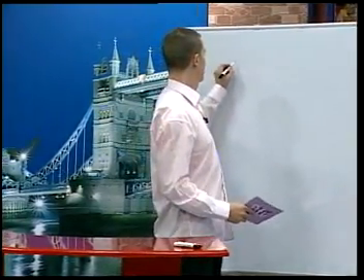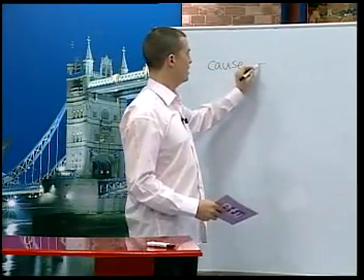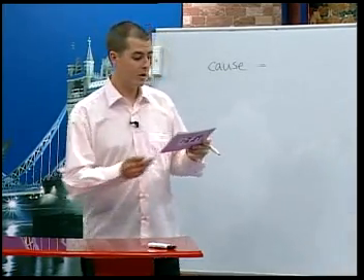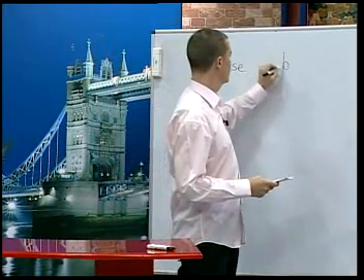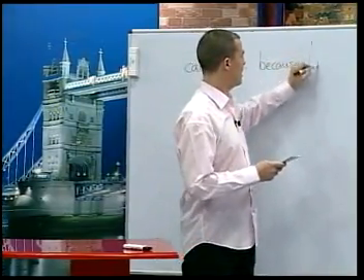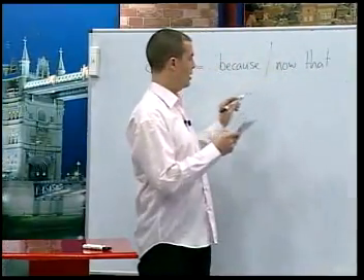Now let's look at another kind of adverb clause. And these are adverb clauses which show cause. And these kind of adverb clauses usually use the words because, or now that, or since.